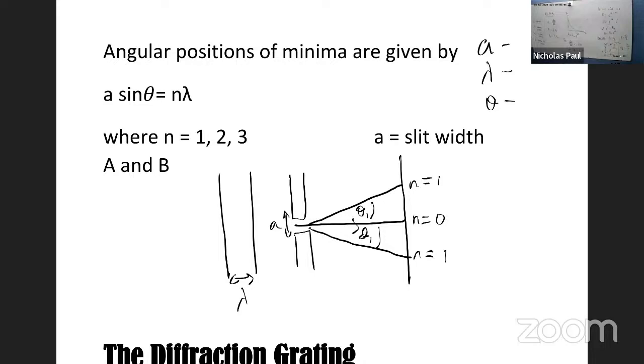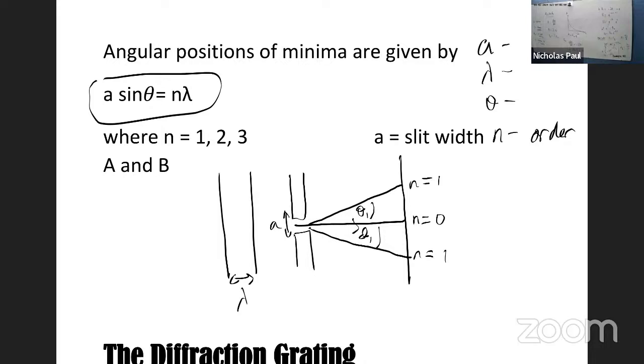This is the formula for the diffraction grating. You want to work with a diffraction grating, you use a sine theta equal to n lambda. Some people use d sine theta equal to n lambda. n is the order. Right? So theta 1 will be the angle between n is 0 and n is 1.